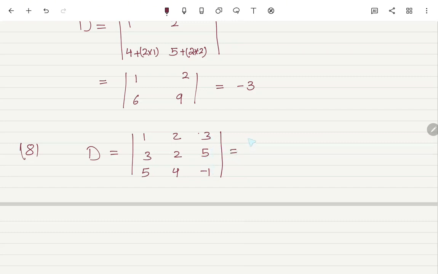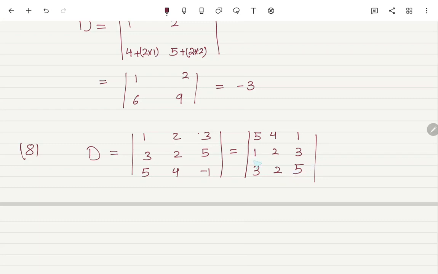In this case, as an example here, let's see, 5, 4, 1, 1, 2, 3, 3, 2, 5. As we can see here, row number 3 becomes row number 1, row number 1 becomes number 2, and row number 2 becomes row number 3.